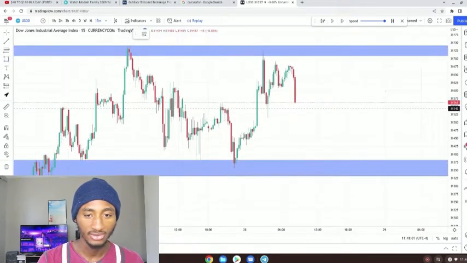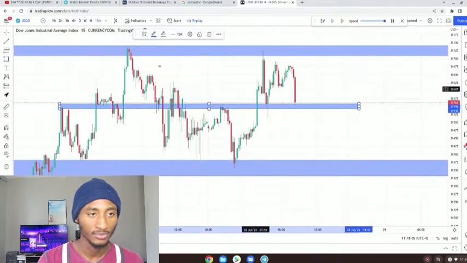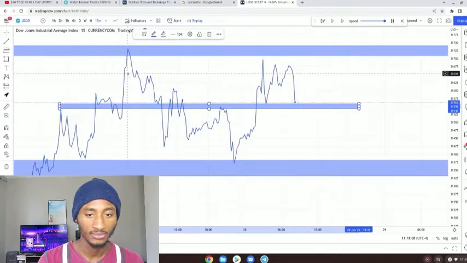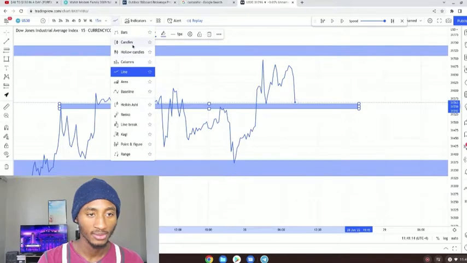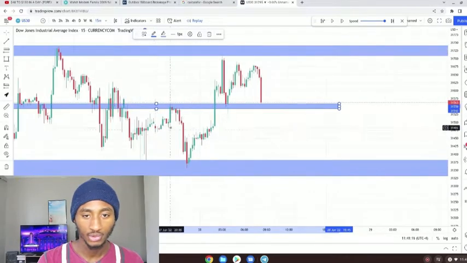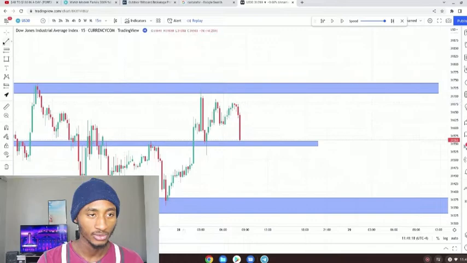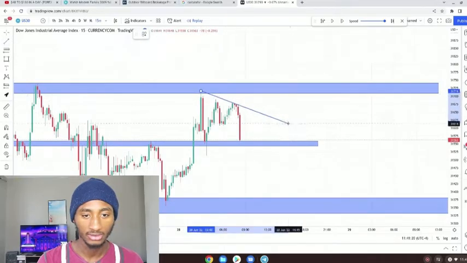Got a beautiful zone right here. Oh, we do have a trend line going down right there too.